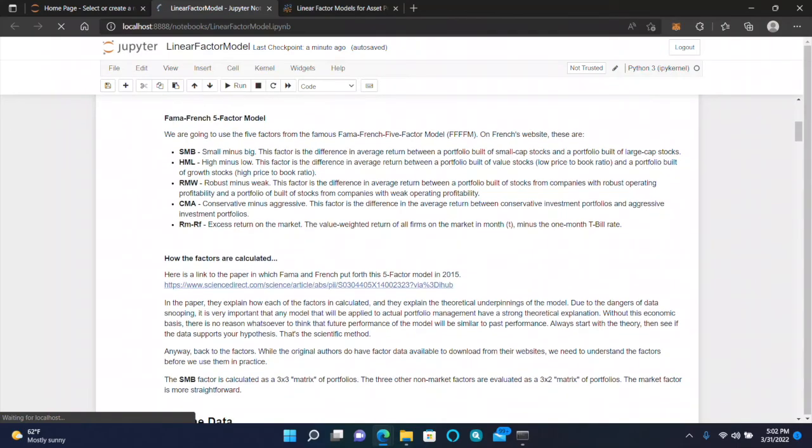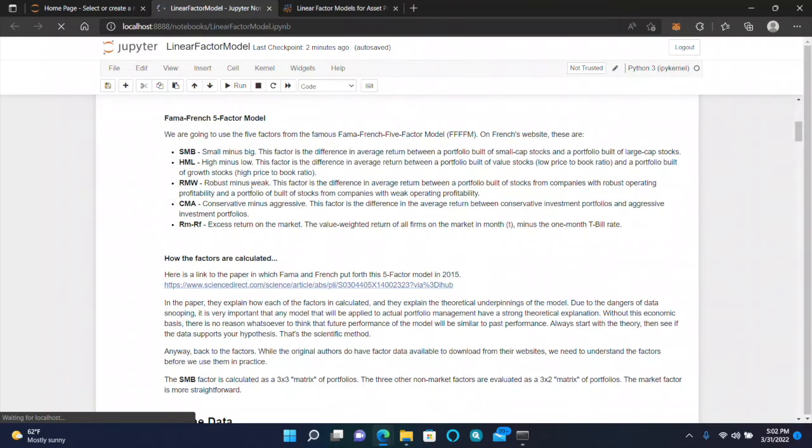Now, in the five-factor model, we have, of course, five factors. The first of which is small minus big. This is the difference in average return between a portfolio of small cap stocks and a portfolio of large cap stocks. And then we have high minus low, which is the difference in average return between a portfolio of value stocks, which have low price to book ratio, and growth stocks, which have high price to book ratio.